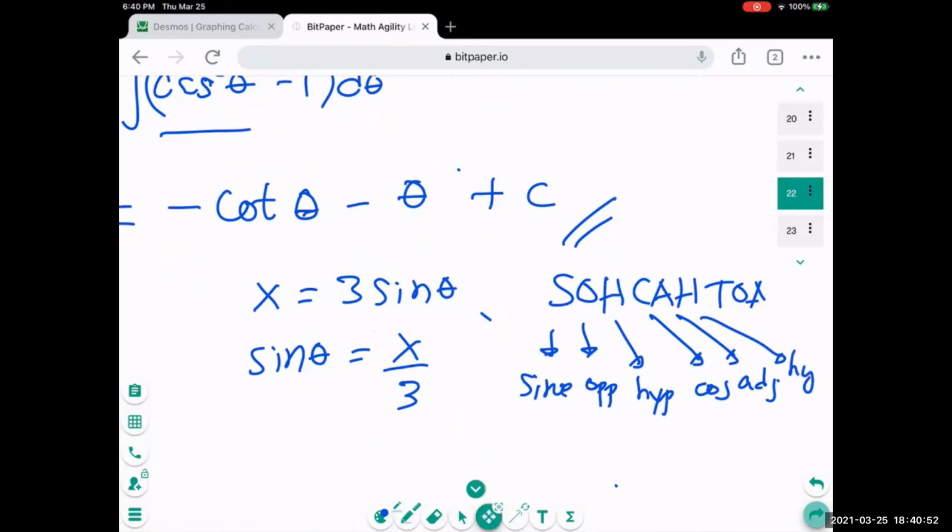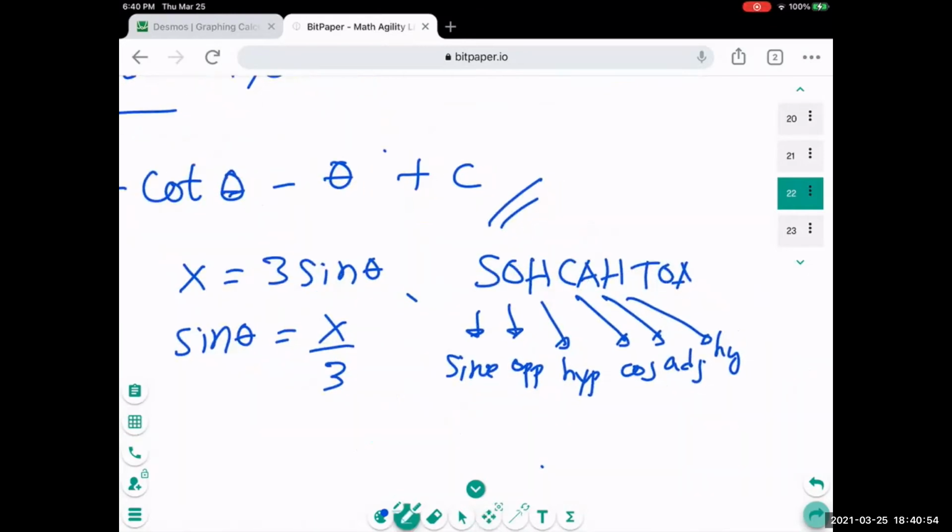And then yung ating tangent is your T, tan. Yung O, yung opposite. And then yung A, yung adjacent. So meaning sine is opposite over hypotenuse. And then yung cosine is adjacent over hypotenuse. Yung tangent is opposite over adjacent.